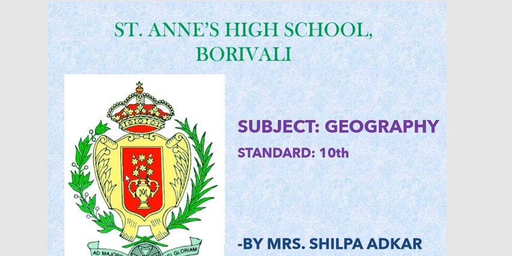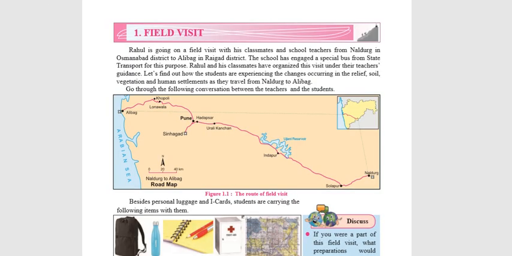Let us begin with the first lesson, field visit. All of us at some point have gone on a short trip, a long journey, a one-day picnic, or a visit to a new place. A field visit is not for entertainment, but it is an educational one.